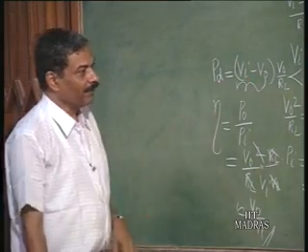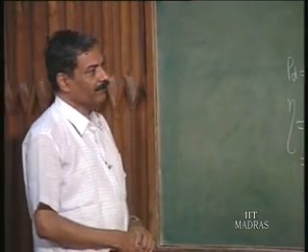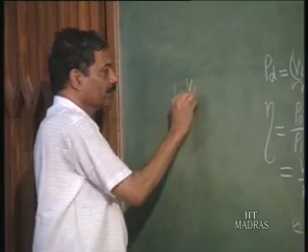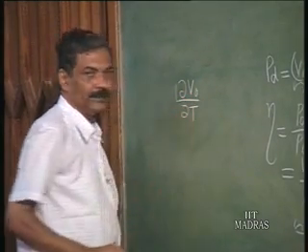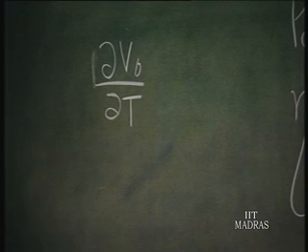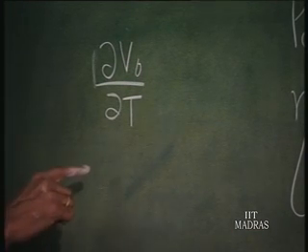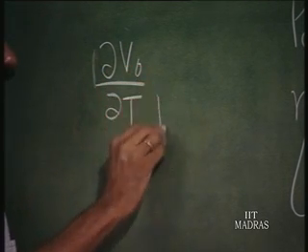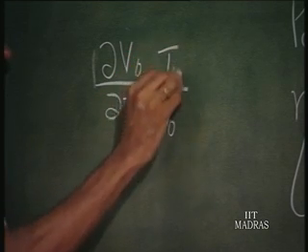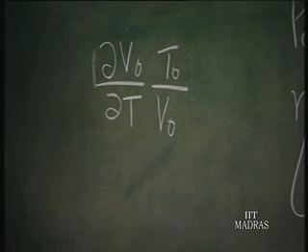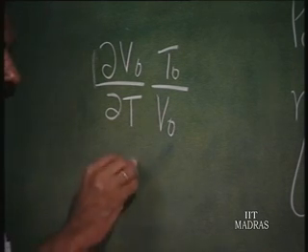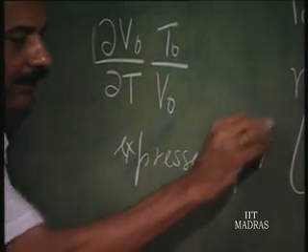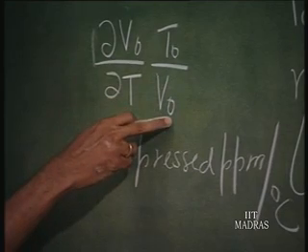Now, we can evaluate the temperature coefficient of the output voltage V naught, which is delta V naught by delta T. This divided by V naught, evaluated at room temperature, expressed as parts per million per degree centigrade, because delta V naught by V naught is a ratio.